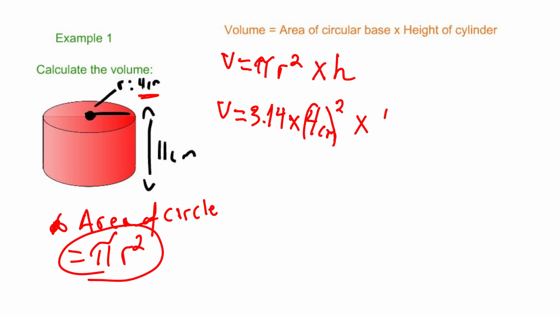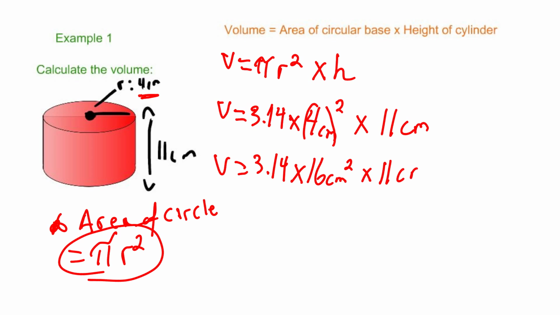And our height is 11 centimeters. So when we look at our volume again, it should be 3.14 for pi. Our radius squared, which is like saying radius times radius. So 4 times 4 we know is going to be 16 centimeters squared. And multiplied by 11 centimeters, which is our height.